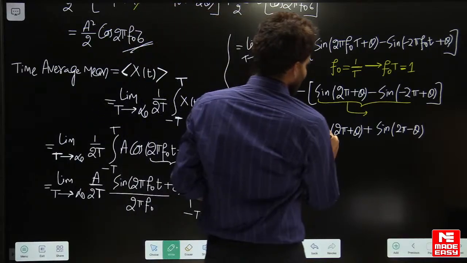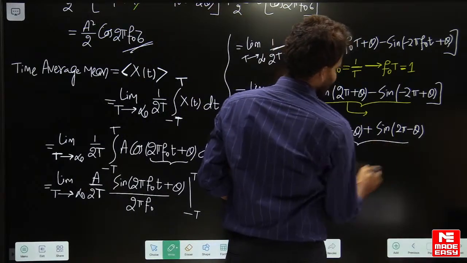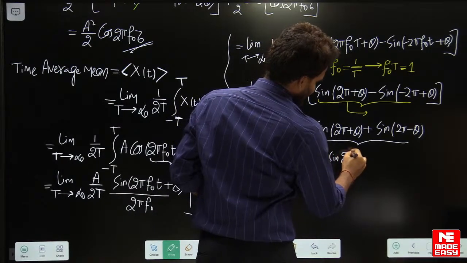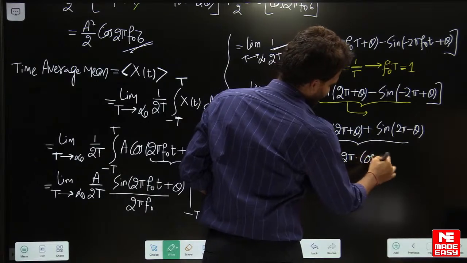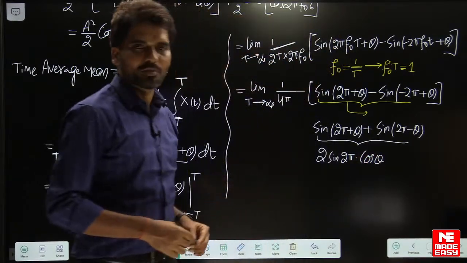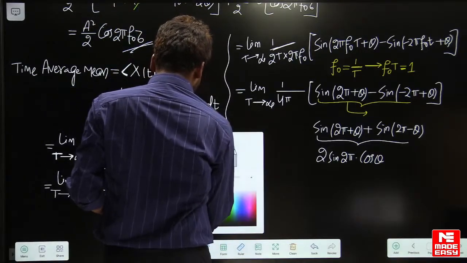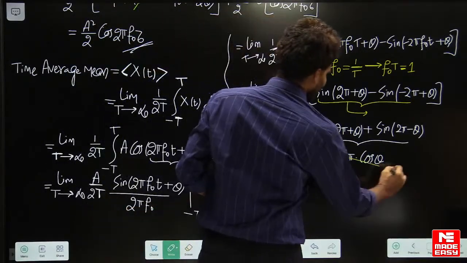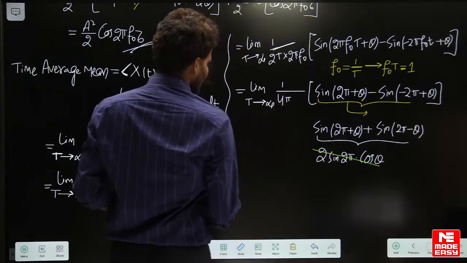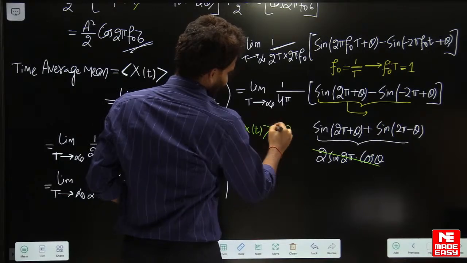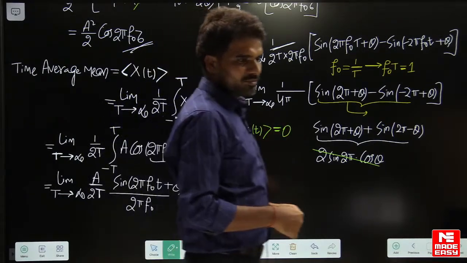So this is sine a plus b plus sine a minus b, which is 2 sine a cos b, and sine 2 pi will be 0. So the total quantity will become 0, so the time average mean you will get is 0.